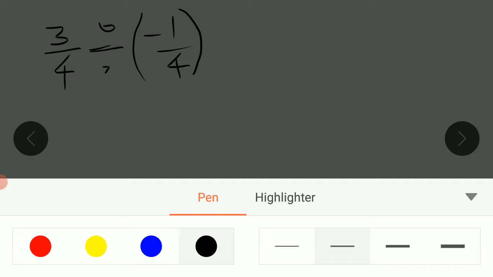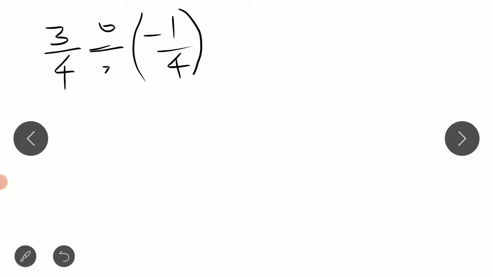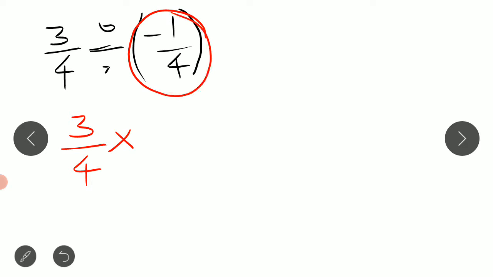So here we need to keep the dividend as it is. In division, this is called the dividend and this is called the divisor. So don't change the dividend. Keep the dividend as it is. Then we cannot divide directly, so multiply by the multiplicative inverse, the reciprocal of the divisor.